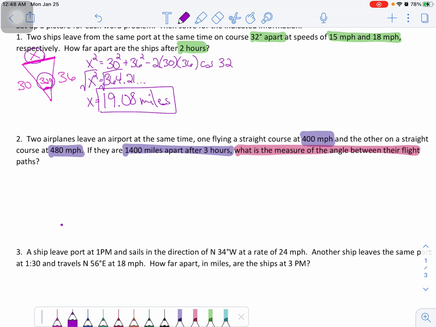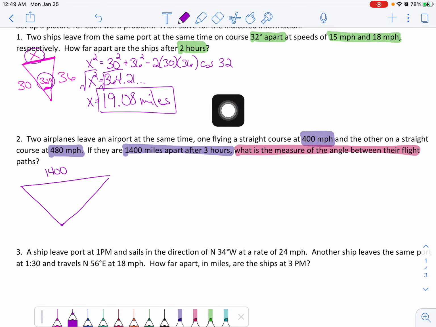So we have an airport here. One plane takes off, flies in one direction. One plane takes off and flies another direction. I don't know what the angle is. I'll figure that out in a little bit. And I do know that they are 1,400 miles apart after 3 hours.